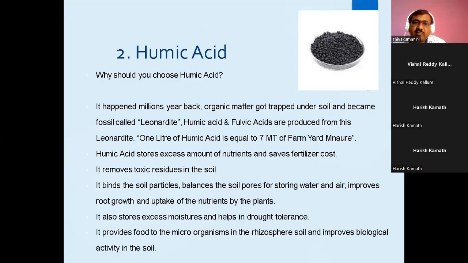It will improve the germination percentage, and also help in the initial plant growth. This is prepared naturally from vermicompost. What is there in the vermicompost is called humus. That humus will be extracted and enriched with some nutrients.